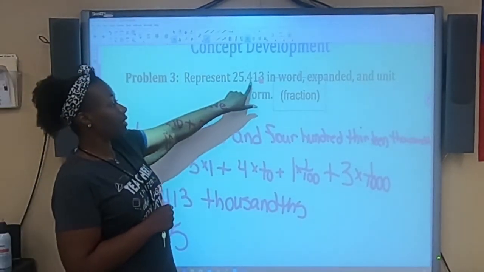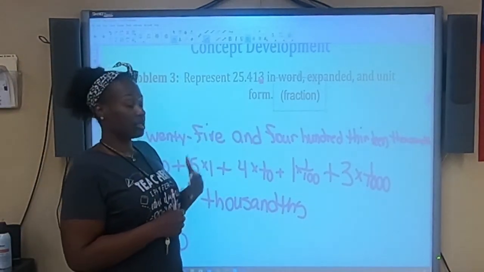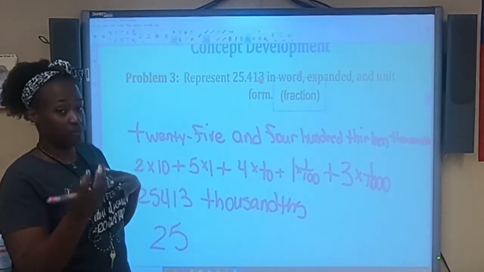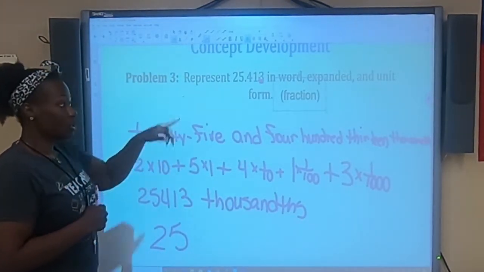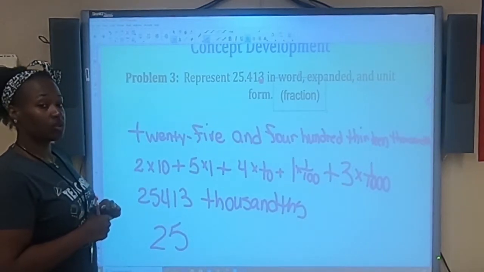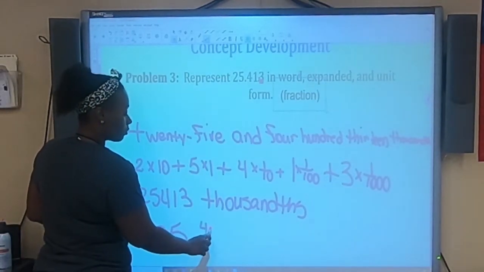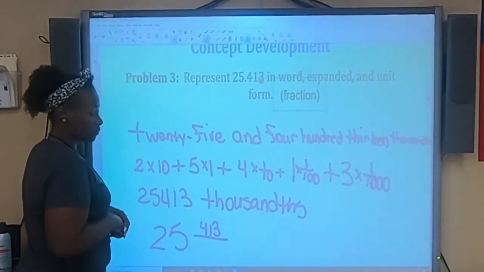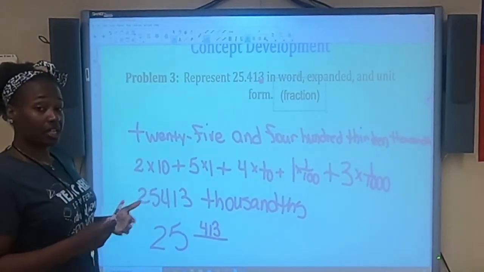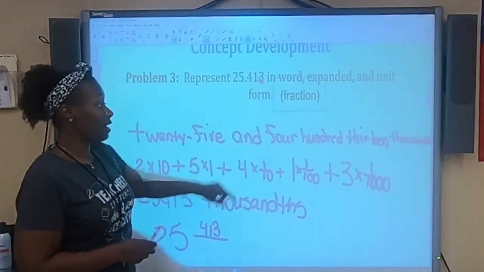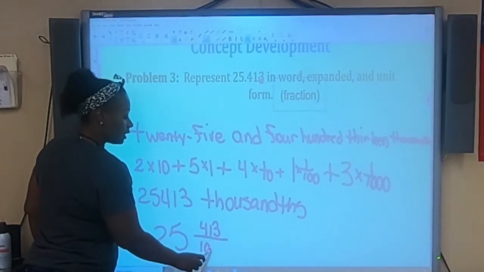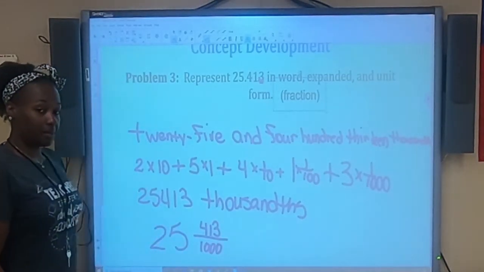Now everything behind the decimal is part of a fraction, because a decimal can be written as a fraction and a fraction can be written as a decimal. So the number I see is 413. So I'm going to write it as my numerator. My denominator is the last place value. Well, that 3 is in the thousandths place, so I need 1,000 as my denominator.